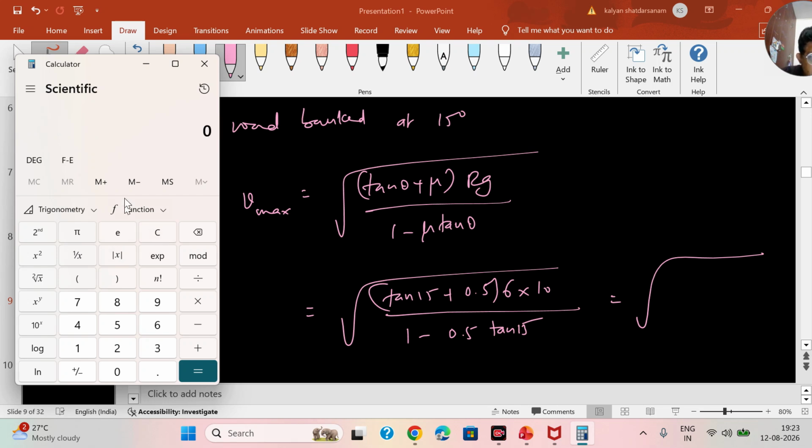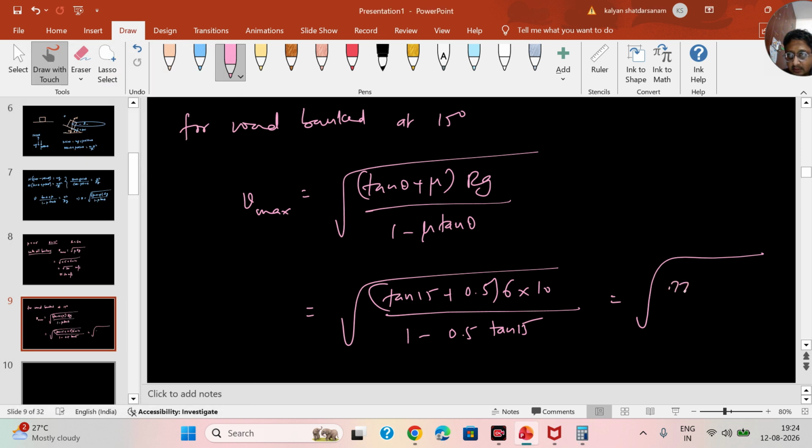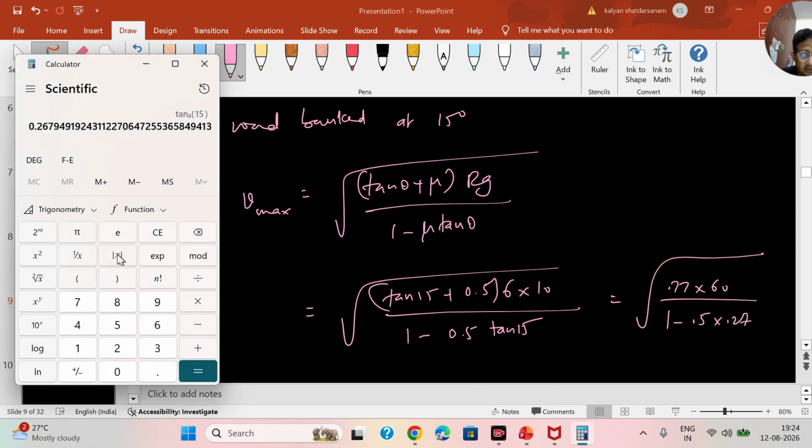So first of all, trigonometry. Let me see tan 15 in degrees. So it's coming out to be 0.2679, approximately 0.27. So 0.5 plus 0.27, 0.77 into 60 by 1 minus 0.5 into 0.27. Okay, so let me calculate this value. 0.5 into 0.27 is coming out to 0.135.